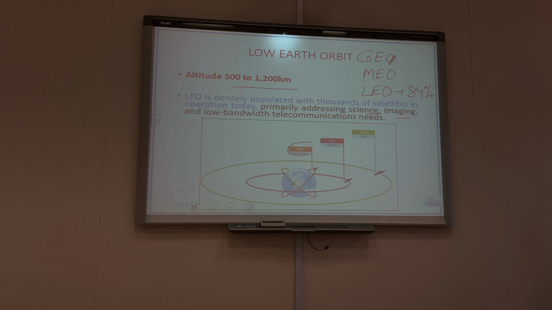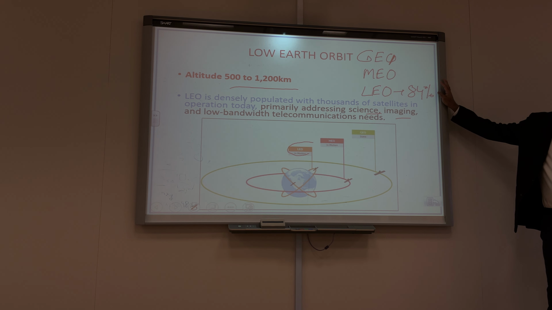All the Landsat, Sentinel, SRTM, Aster, all of them are placed in the LEO, low Earth orbit. So most of the satellites are in the low Earth orbit.